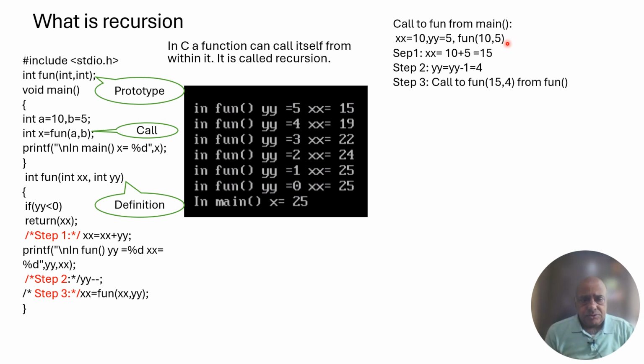In the first iteration of the function execution, in step 1, which we have marked here, xx will become 15, 10 plus 5, yy will be 4, and with these modified values of xx and yy, we call the function again from within the function. So now the function call will be fun(15, 4).